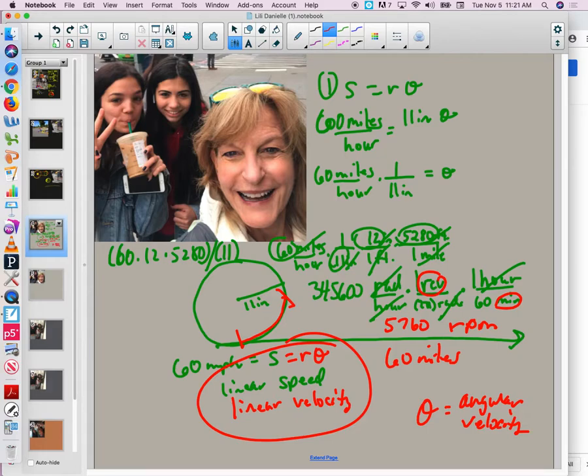Okay. So, but the arc length is the same as the linear velocity? Yes, the speed, feet per second, miles per hour is S. So this is how fast you're going, which is convenient because S is sort of like speed. How fast it's spinning combined with how big the tire is makes you go a certain speed.